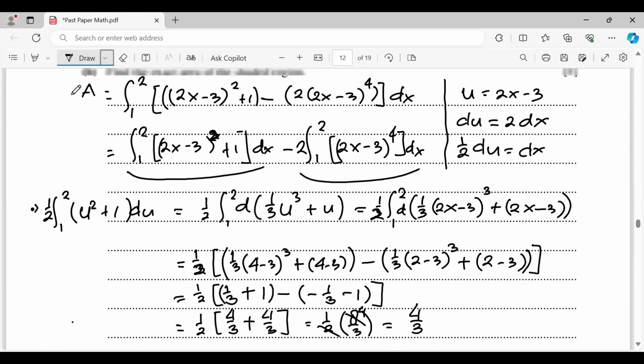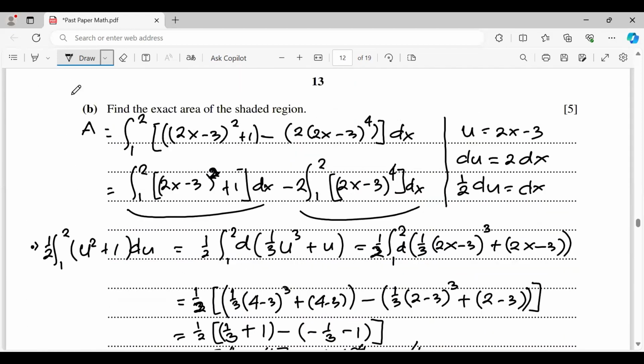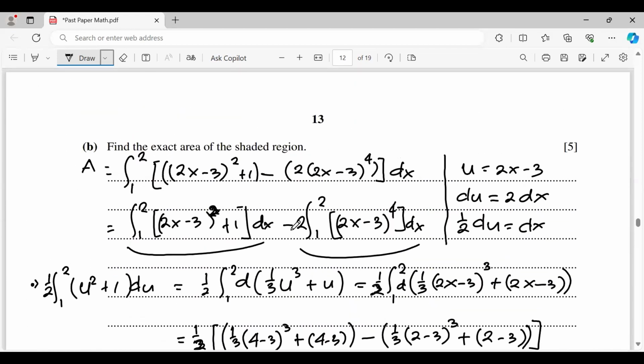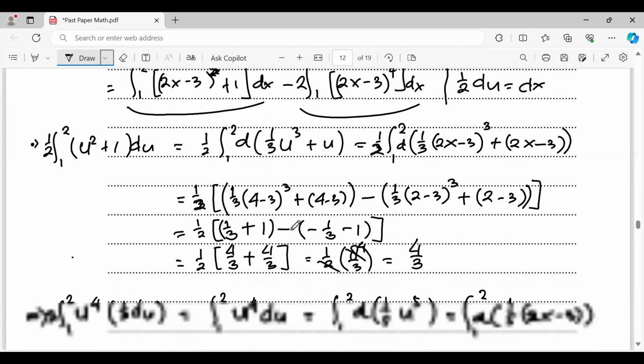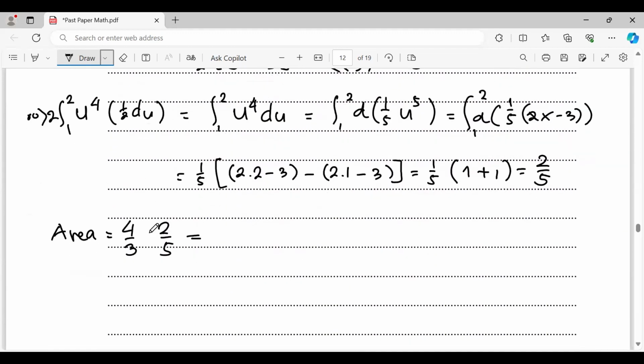Because minus this one minus, so it's minus 4/3 minus 2/5, so 20 minus 6 over 15. It's going to be 14 over 15.